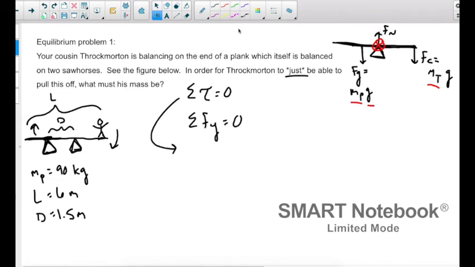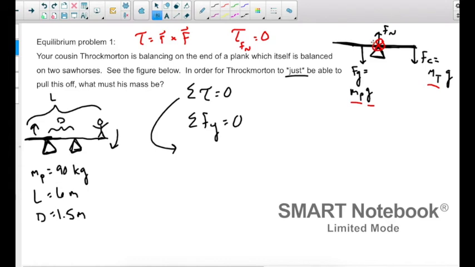And therefore, I can say that the torque due to the normal force is equal to 0, because remember, a torque requires that a force is some distance away from the axis of rotation. So the r vector for the normal force is 0, because the normal force is acting at the axis of rotation, so it's not causing a torque, so I can ignore it.